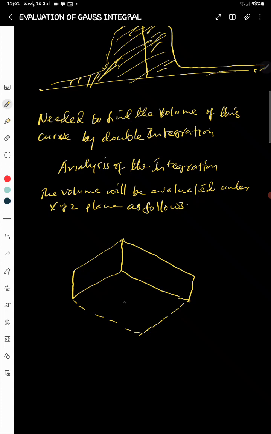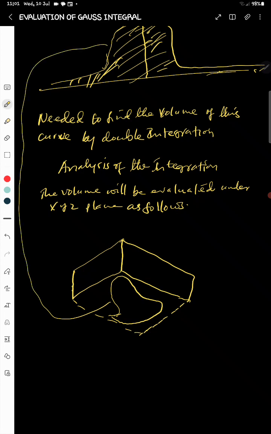Now this is our tube. This is our tube that needs to be evaluated. Okay, like this one here. So we're having a volume element.